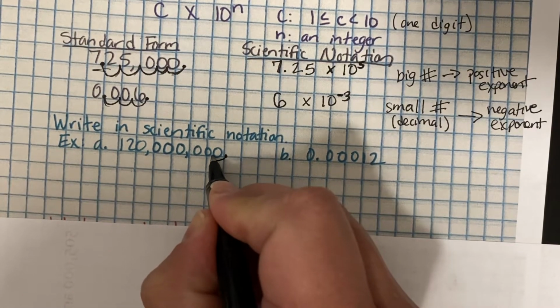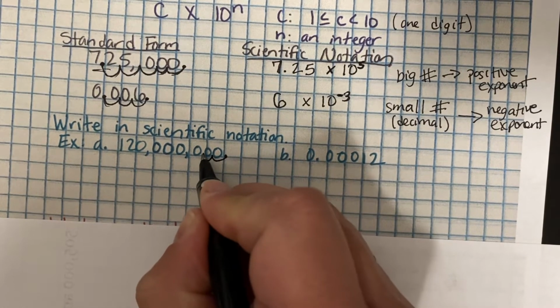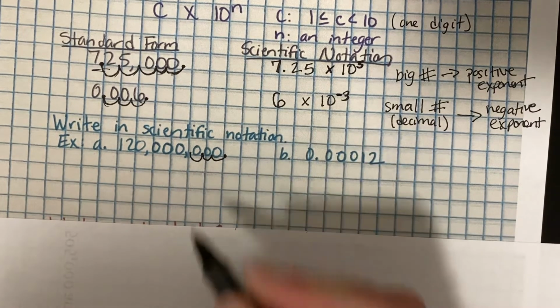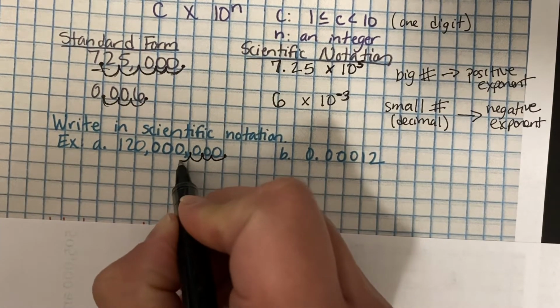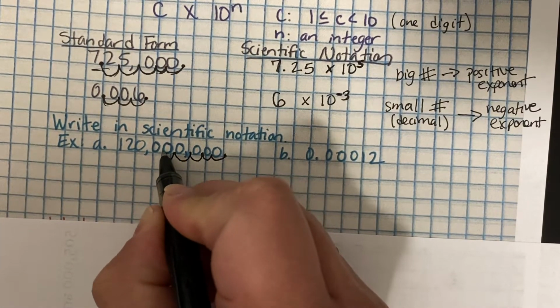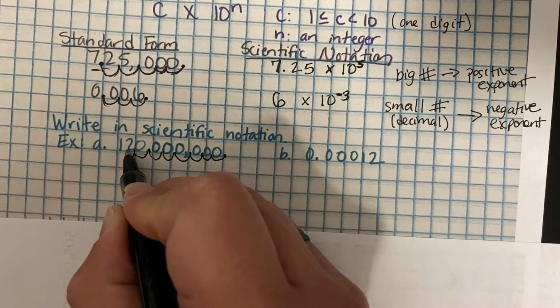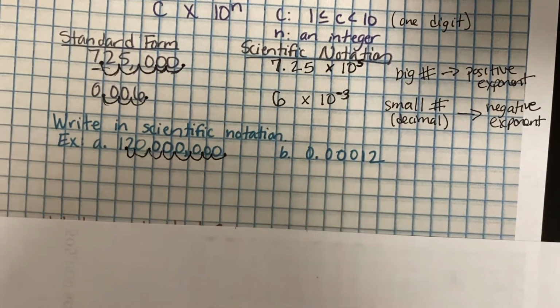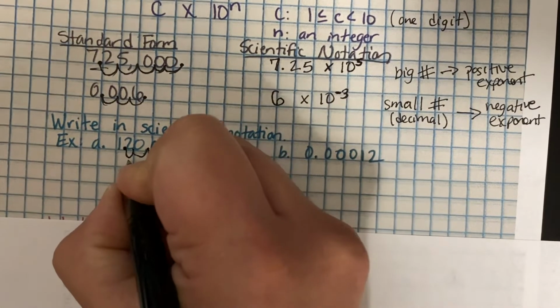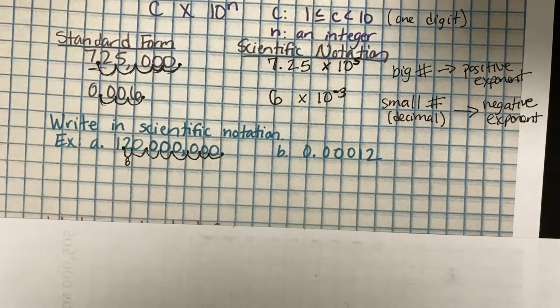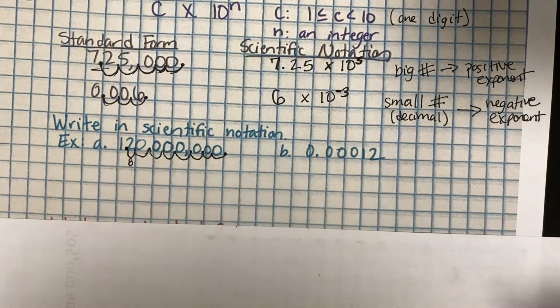So we're going to move it 1, 2, 3. Every number counts as one space. 4, 5, 6, 7, 8. And that's where our new decimal is going to go. So we moved that 8 times. I'm going to mark it there so I know in a minute.